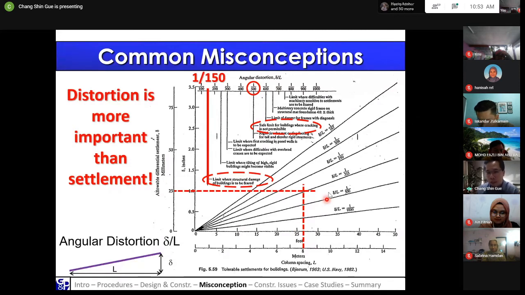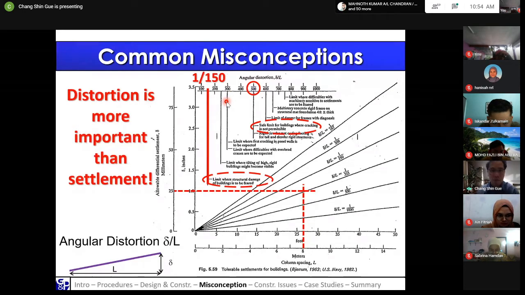So in this case, for example, if your distortion is 1/133, it's in between here. You will have some cracks on your building because the distortion is larger than 1/500, but it's less than 1/150. That means your building is still safe, it won't collapse, but you will see some cracks.